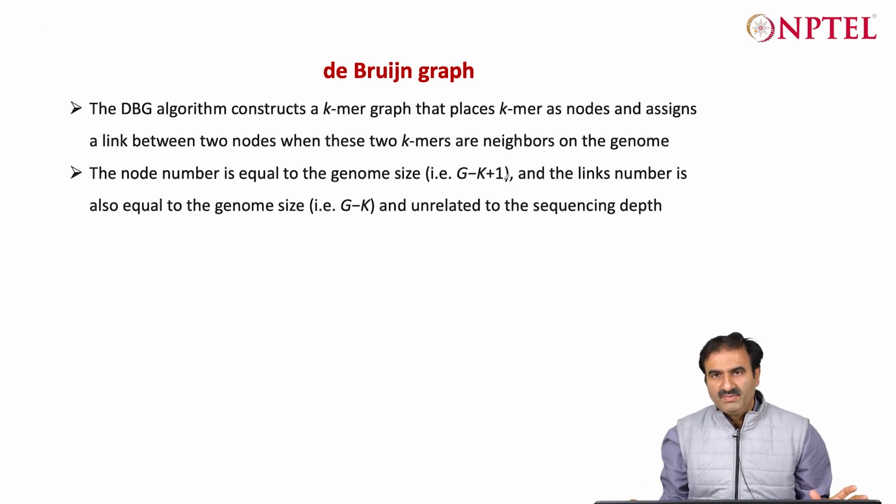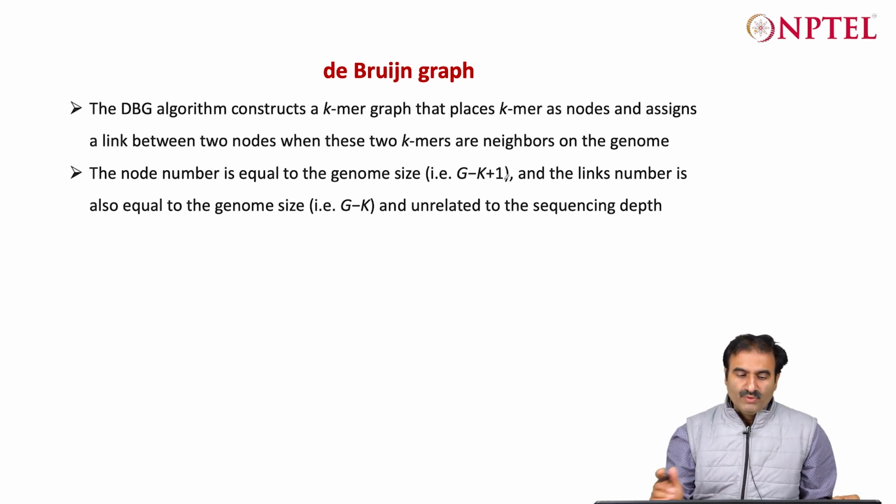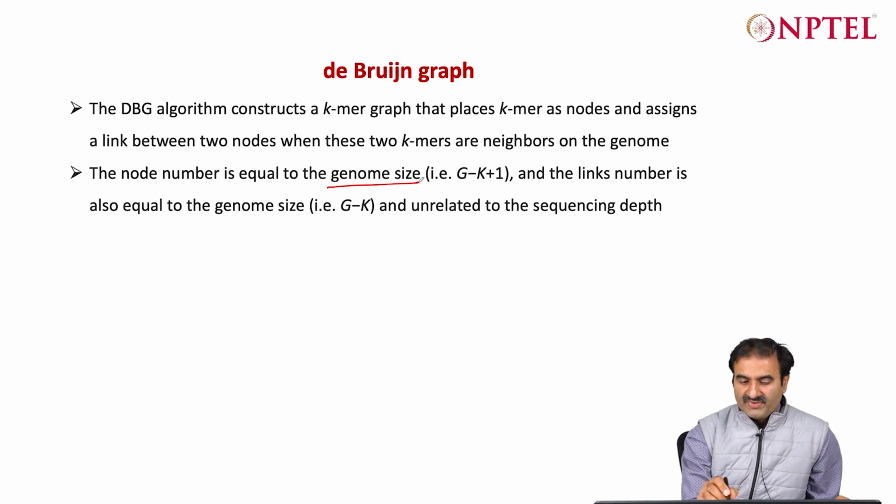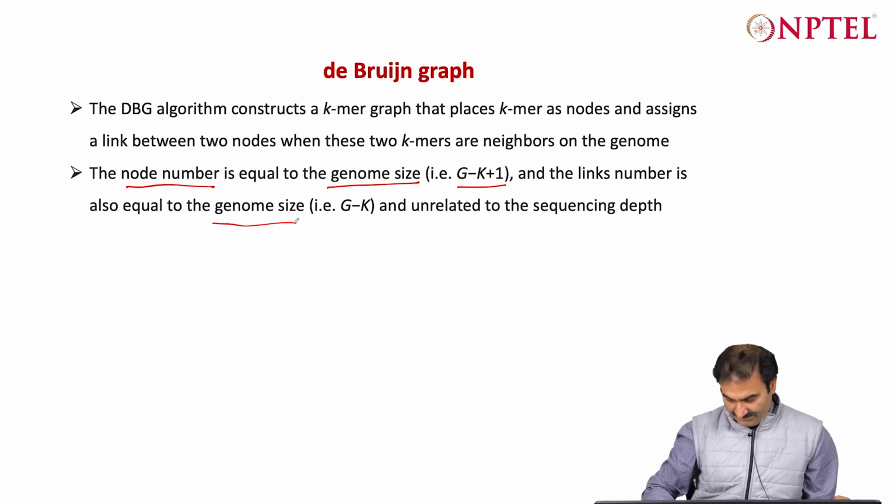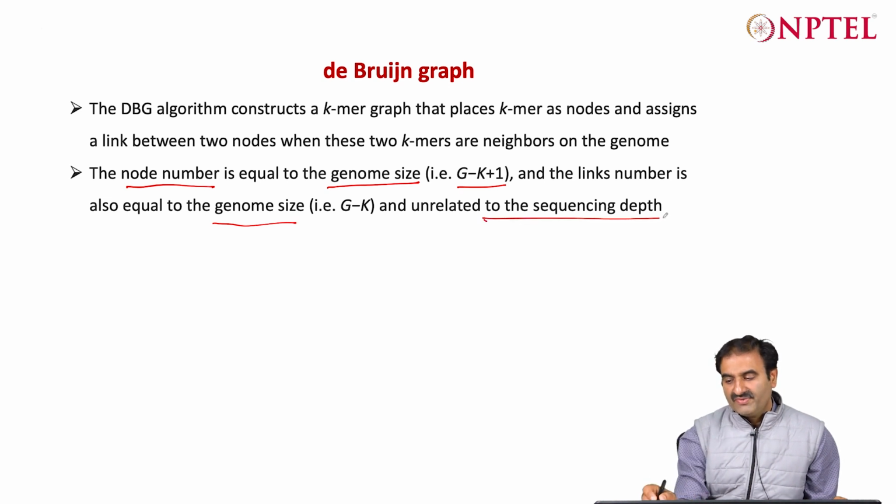So in DBG, as I mentioned, you are trying to connect 2 nodes which are neighbors in the genome, or 2 kmers which come from the same part of the genome. The node number here will be equal to the genome size, G minus k plus 1. The link number is also equivalent to the genome size, and it is unrelated to the sequencing depth.